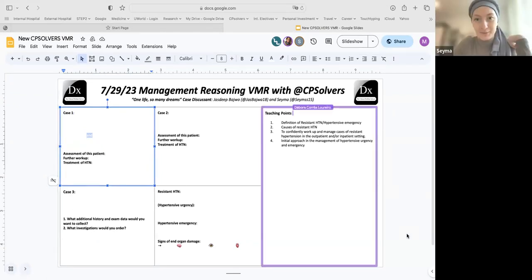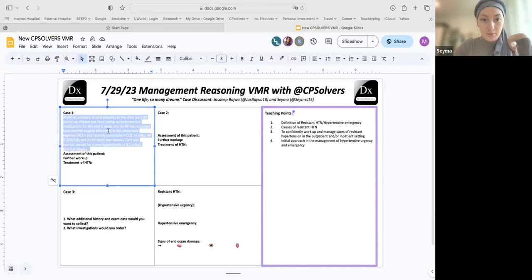Okay, I think then we can start with the first case. We have a 45-year-old male with a history of hypertension who presents to the clinic for a blood pressure follow-up. The patient has been taking antihypertensive medications for the past 2 years, but his blood pressure has remained uncontrolled despite adherence to the prescribed regimen, so ACE inhibitor and recently prescribed hydrochlorothiazide.